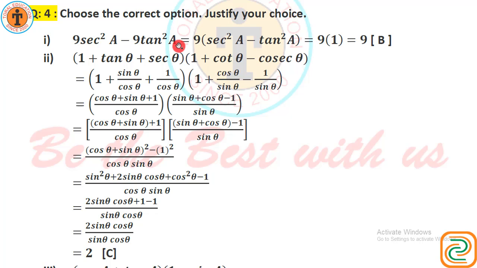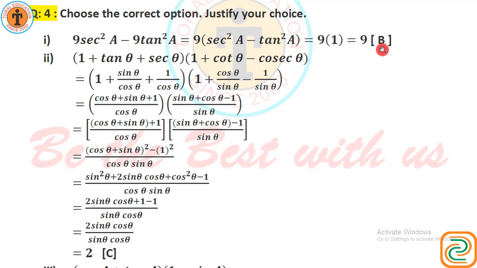We should choose the options from those given, but before choosing the options, what should we do? We should do the sum. So I have taken 9 common. Sec square A minus tan square A is 1. This is our formula. So here 9 into 1, that is 9. We have got answer 9. So option B is correct.